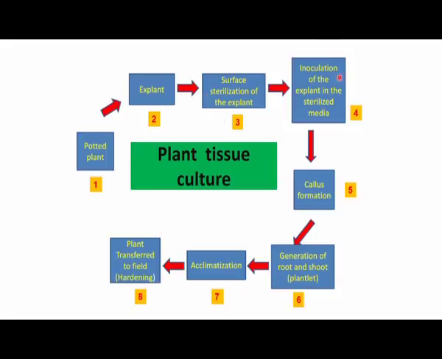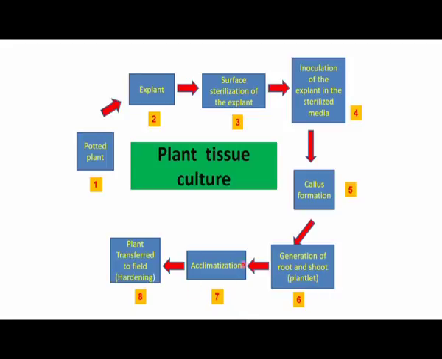Once you are done with that, you inoculate the explant into a sterile media that you prepare beforehand, and that media contains different components that promote the growth of the explant to form the callus. Callus is nothing but an undifferentiated mass of tissue, and that callus is then differentiated by changing the composition of media either to root or shoot or both, and ultimately once you have the root and shoot on the callus, you are going to get the small plantlets.